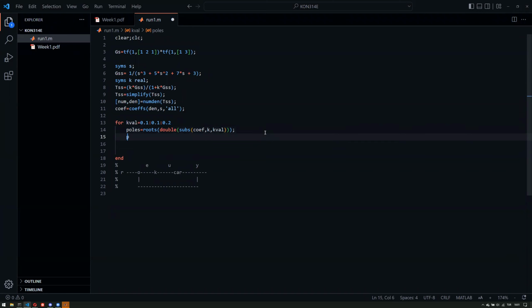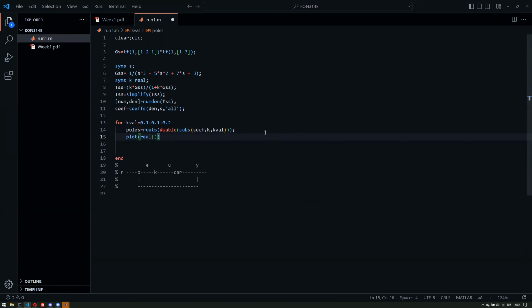Now here, I can just go ahead and plot them. Since I'm plotting the poles, and since they might be complex numbers, the x-axis on the S domain is the real part of the complex numbers, and the y-axis is the j omega axis, also the imaginary part of these complex numbers.